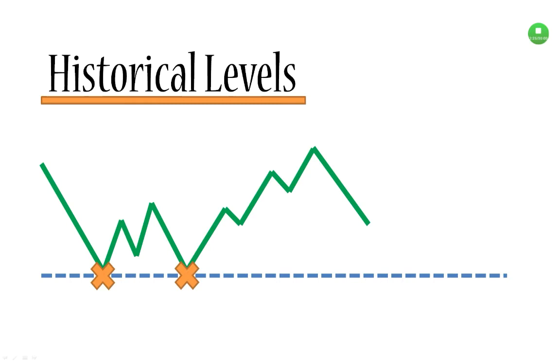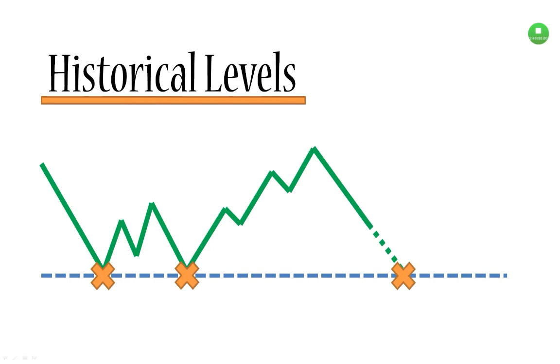So what can we anticipate from the price's future movement? Well, we can anticipate that if the price does go towards this support line, then something will probably happen over there. And that's how you establish historical support and resistance levels.